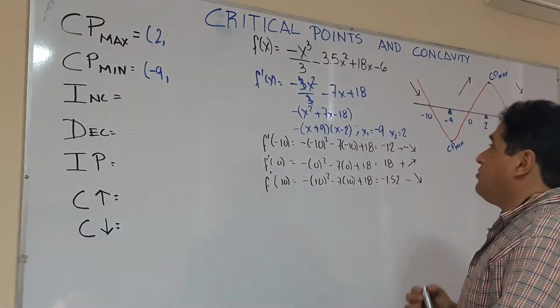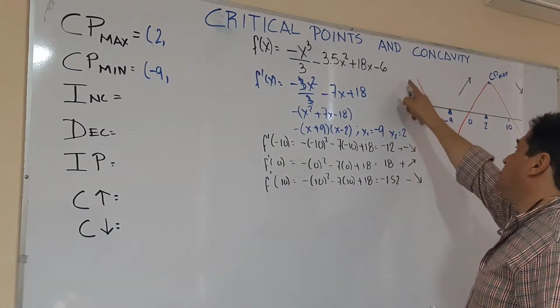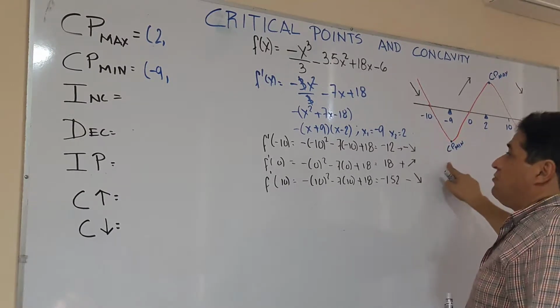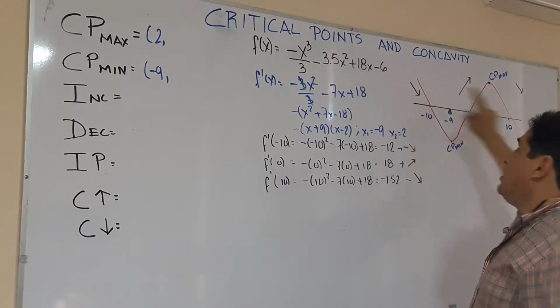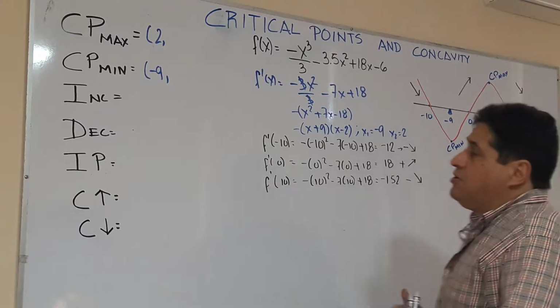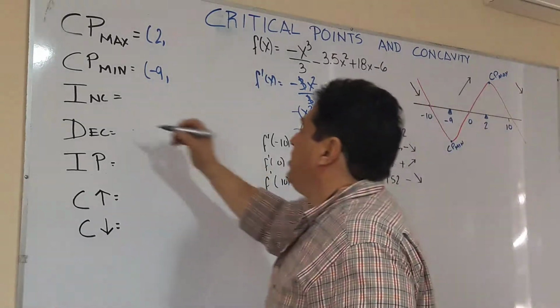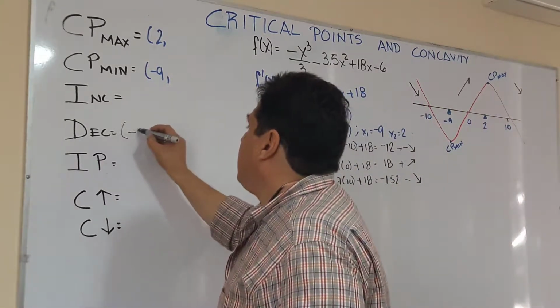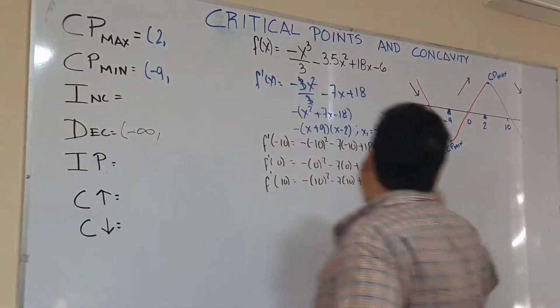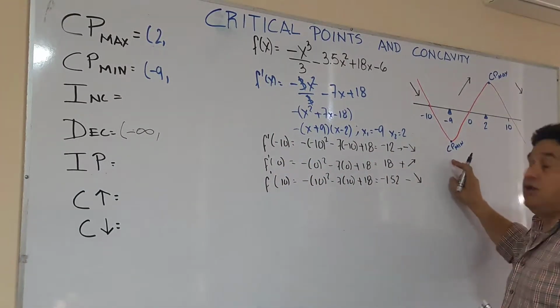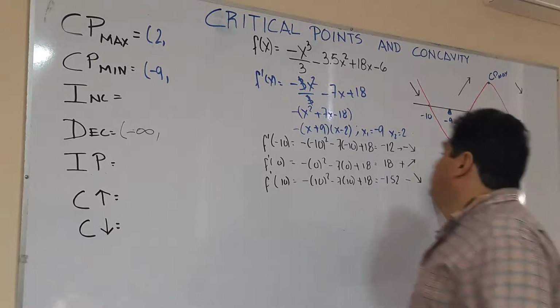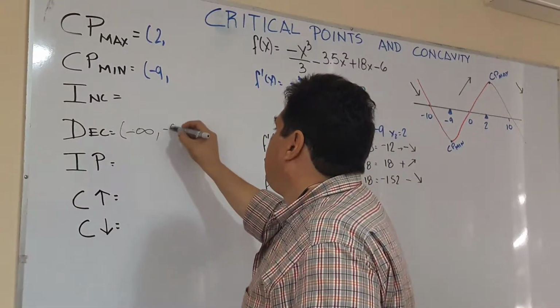Now, increasing and decreasing, I can go with the arrows. So it's going to start decreasing. Remember, it's all going to start on minus infinite. It's going to end on plus infinite. So, decreasing is going to be minus infinite, comma, and that's going to be where? All the way down to my critical point. So it's going to be, comma, minus 9.